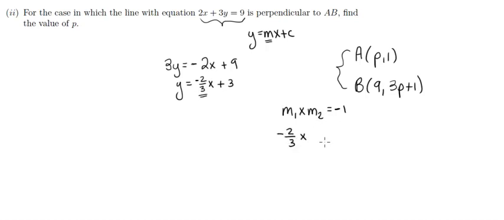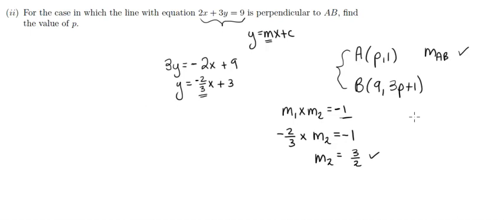If we multiply it with the gradient of the perpendicular line, which is the gradient of AB, we're going to say is m2, equals minus 1. And now if we divide both sides by minus 2 over 3, we get m2 as 3 over 2. So this is the gradient of AB. And you can just check by eye, minus 2 over 3 times 3 over 2 does give you minus 1.